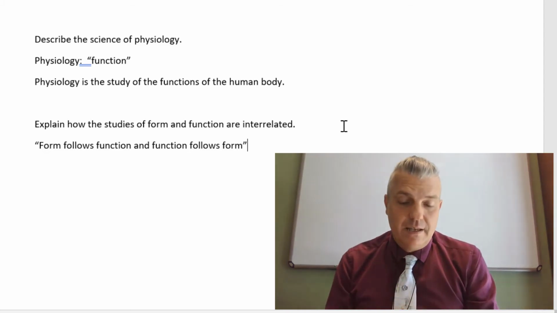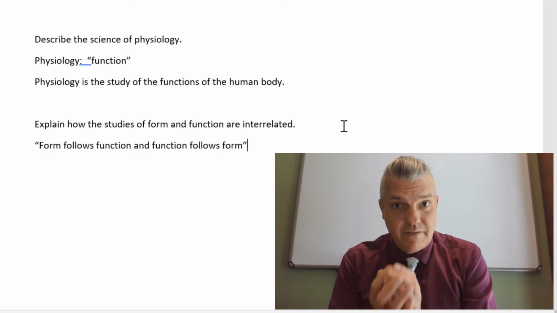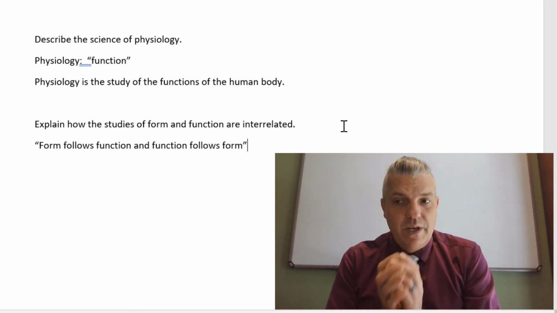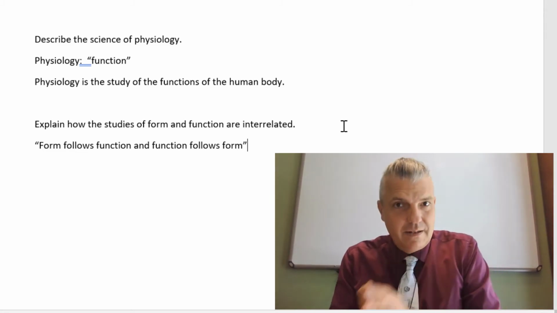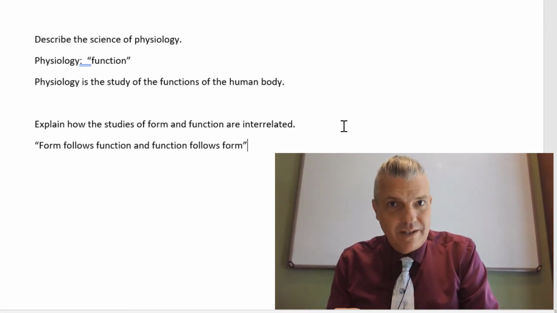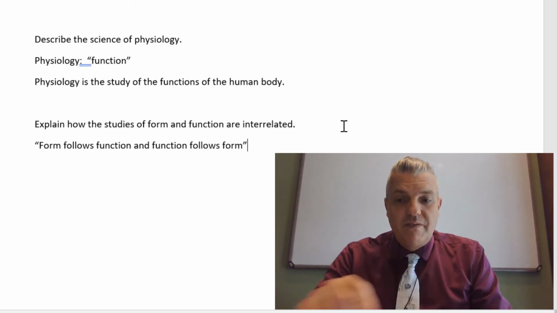And the converse of that is, if a structure has a specific form, we can figure out from just the form itself, usually, what that thing does, what its function is going to be. So these are very interrelated.